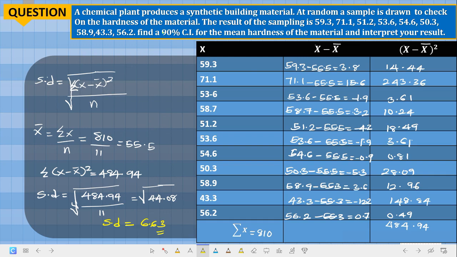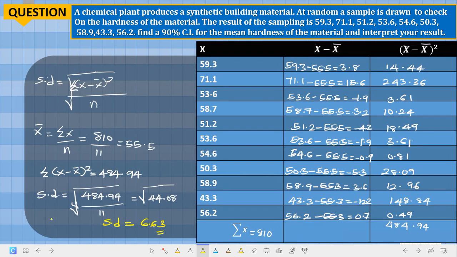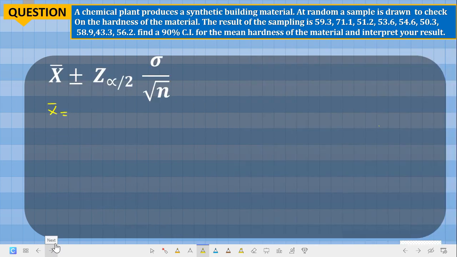Now let's go further to calculate the 90% confidence interval. We said the formula for calculating the 90% confidence interval is x bar plus or minus Z alpha over 2 times the standard deviation over the square root of n. Now let's state the parameters that we've gotten. x bar was calculated as 55.5.